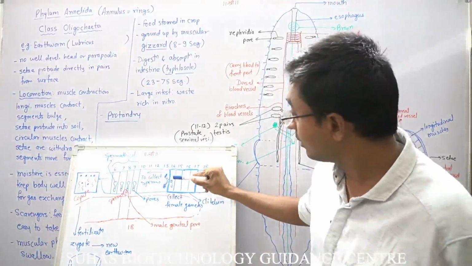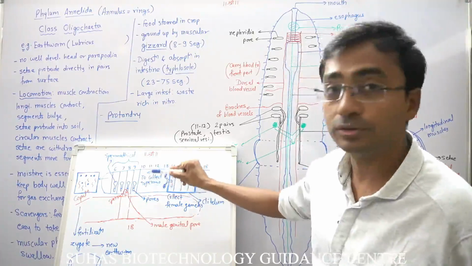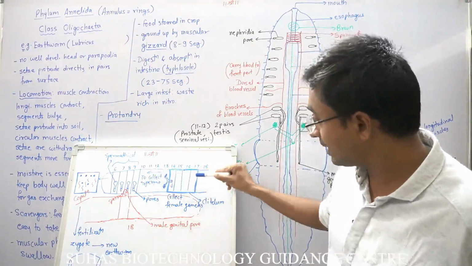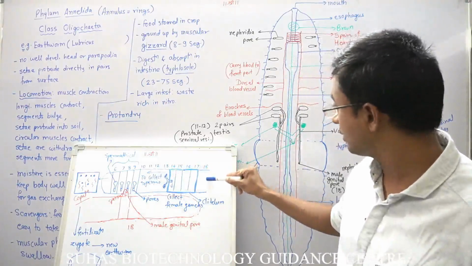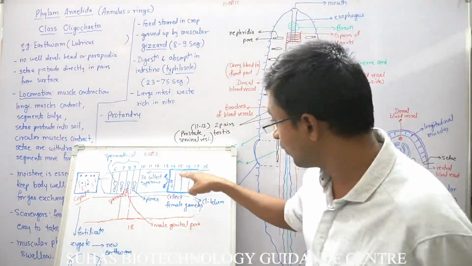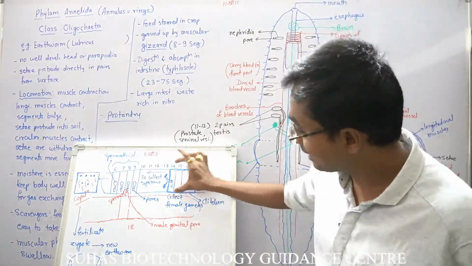On the 11th and 12th segments we have the male reproductive system, which opens at the 18th segment, the male genital pore. But segments 14, 15, 16, 17 have the clitellum. You can see that the clitellum is there.